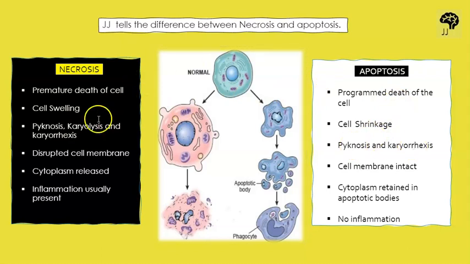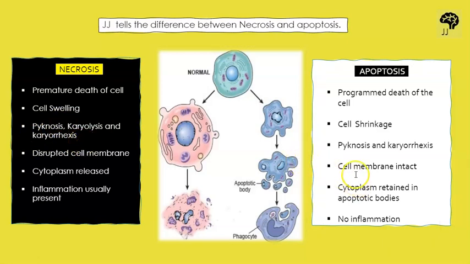In necrosis there is pycnosis, karyorrhexis, and karyolysis. Karyolysis is dissolution of chromatin content. So you can learn it like this: pycnosis means the chromatin condenses, and after condensation it gets dissolved, and then the chromatin was stored inside the nucleus, so the nucleus is fragmented. So there are three things.